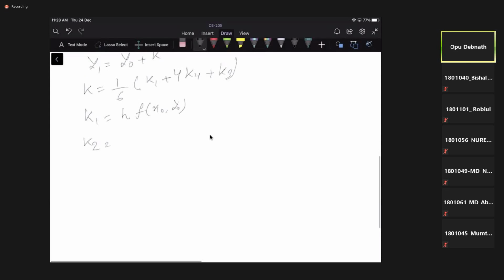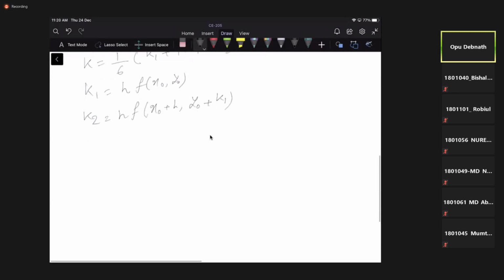K2 is equal to h function of x0 plus h, that means x1, and y0 plus k1. K3 will be h multiplied by function of x0 plus h, y0 plus k2.